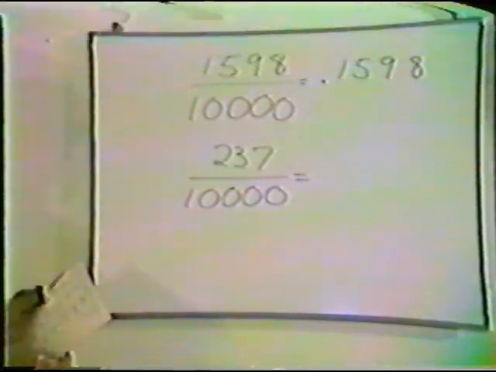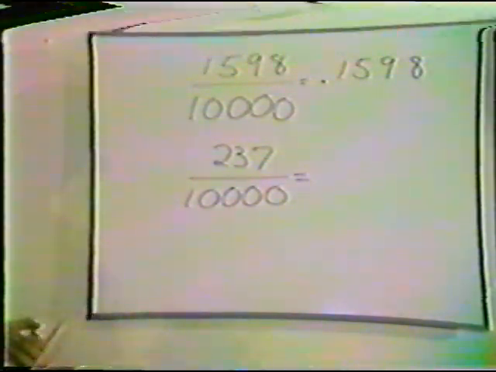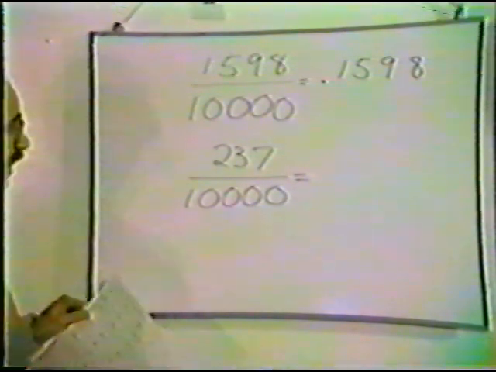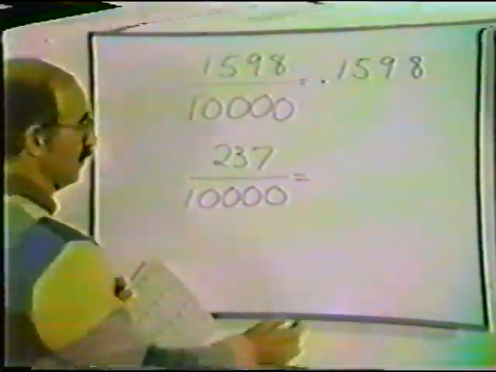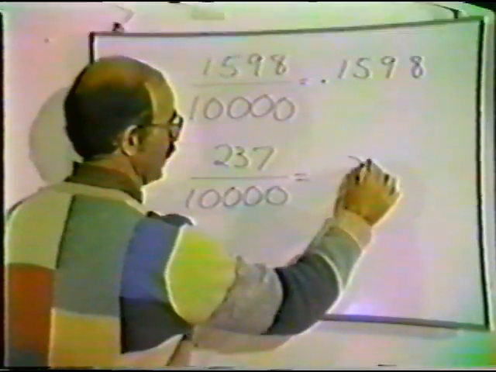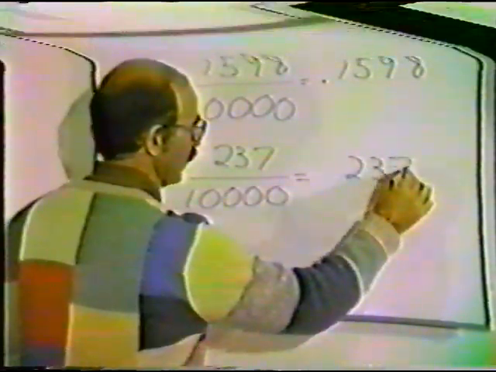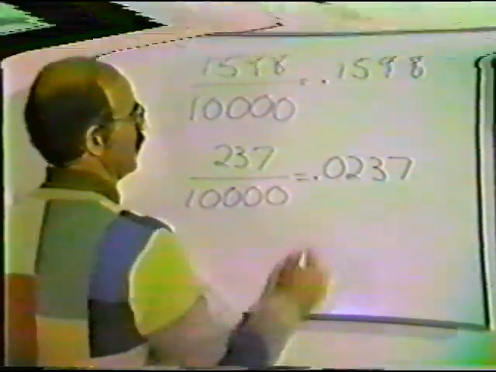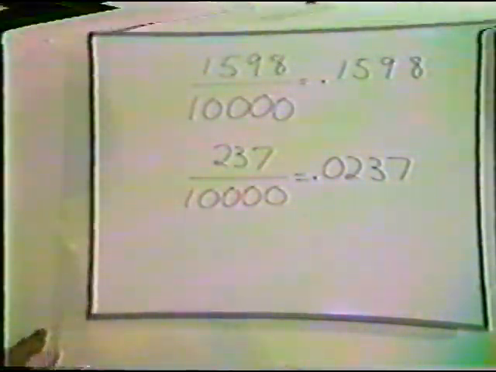And let's read that. 237 ten thousandths. How many places? 4. It has to end in the fourth place, and so we fill the tenths place with a 0.